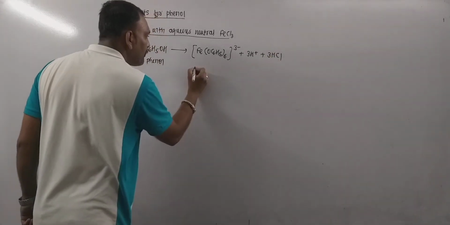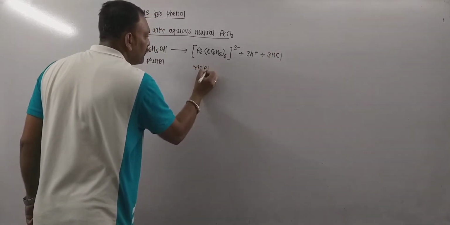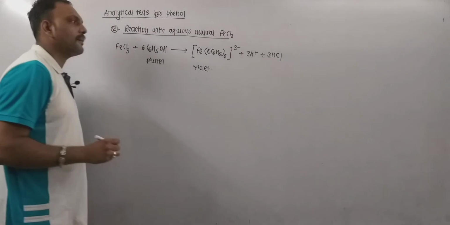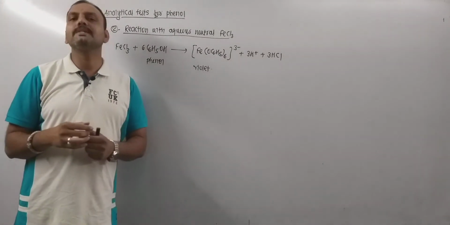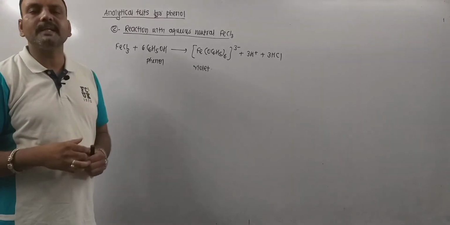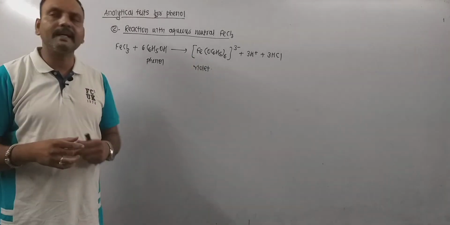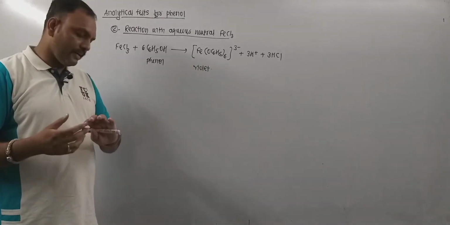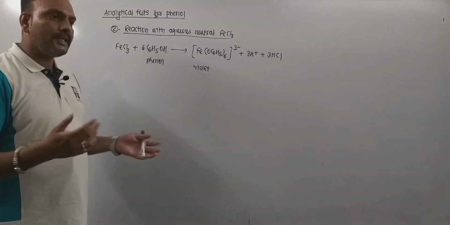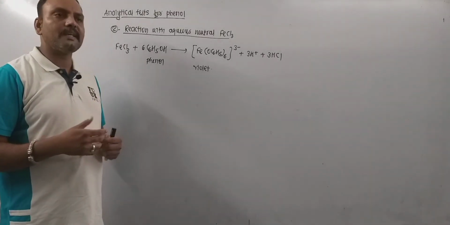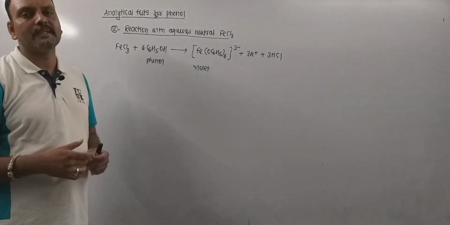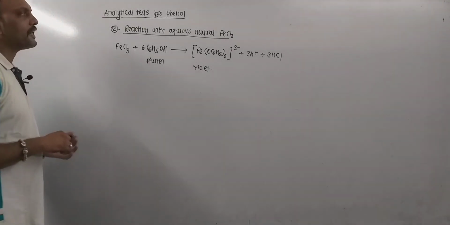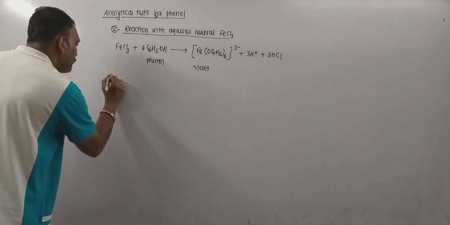Now this ferric phenoxide complex is violet in color. So phenols undergo reaction with aqueous neutral FeCl3 producing ferric phenoxide, which is violet in color. So this indicates that the sample is of phenol. So this was the second analytical test for phenol.